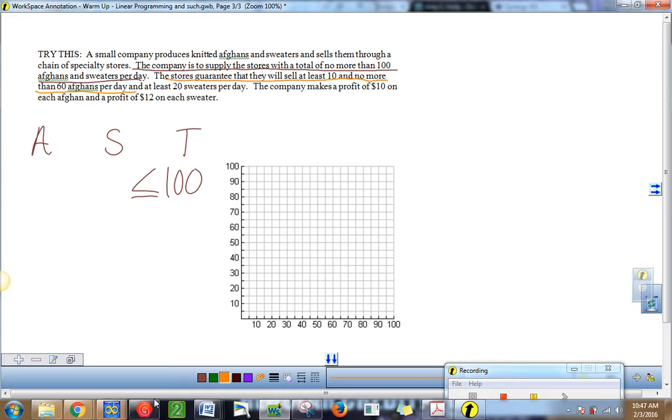Does that have anything to do with the sweaters? The sweaters are not involved in that situation. So your Afghans have to be what to 10, and they have to be what to 60?